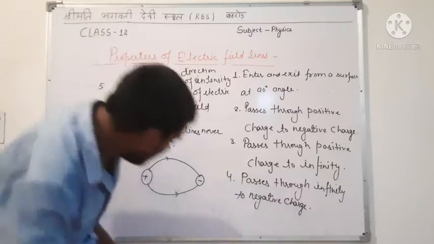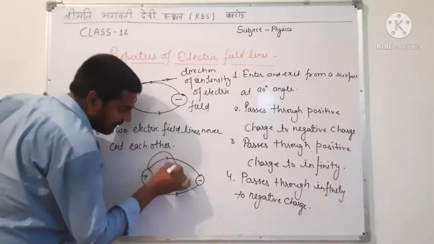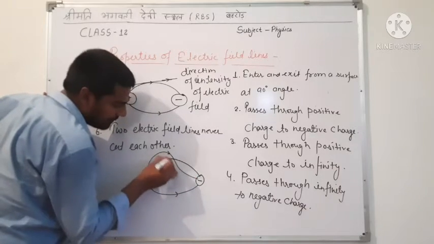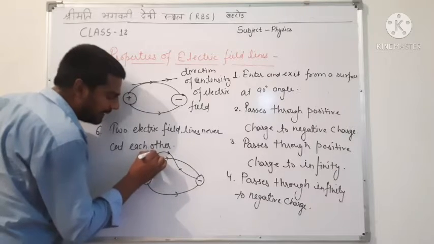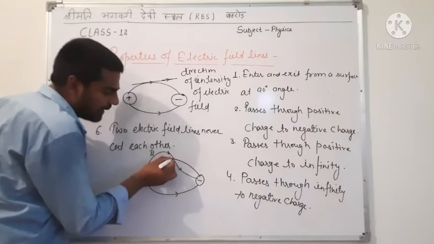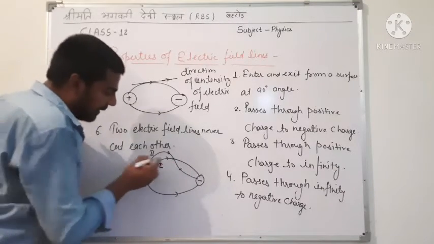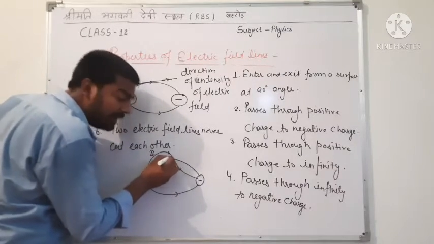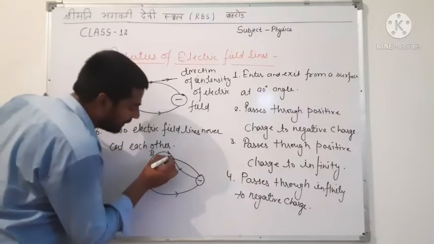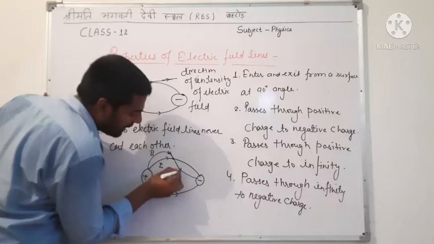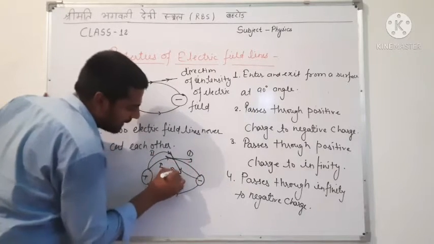Here, if an electric field line cuts another line, this is the first electric field line and this is the second electric field line. Both cut at this point. If we draw tangential lines at the cutting point, then there is more than one line, this is the first line and this is the second line.